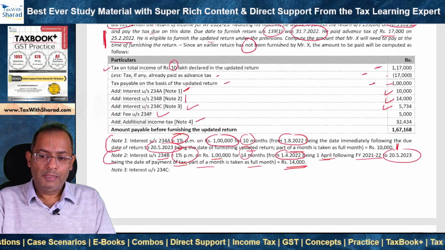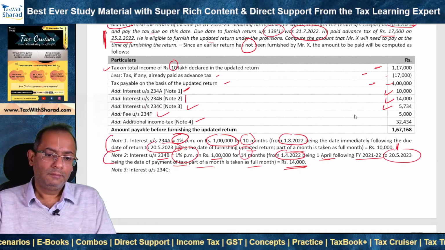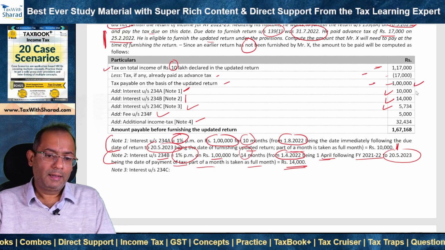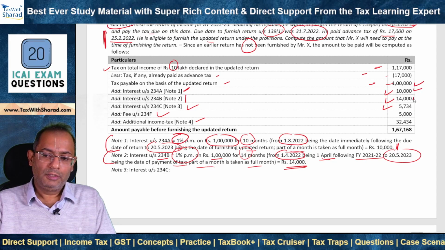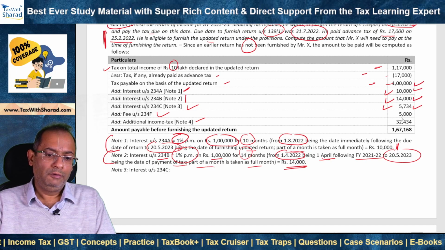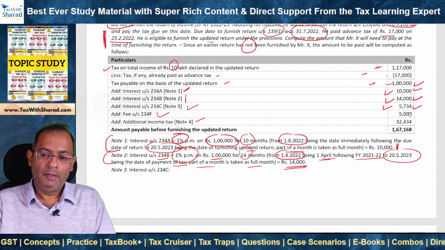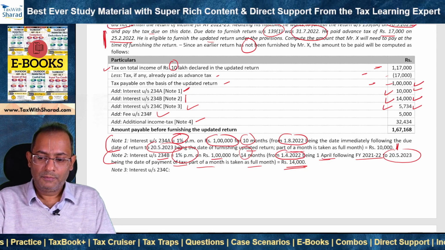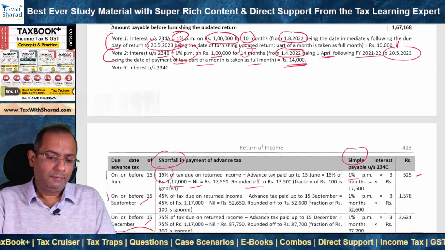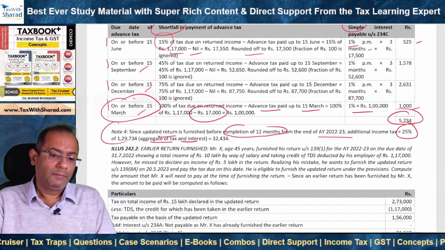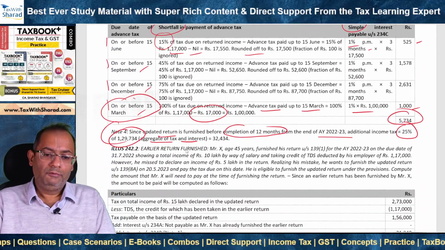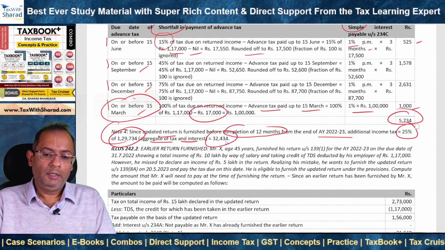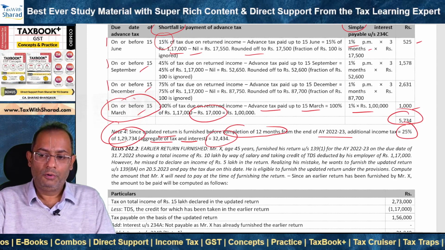The aggregate of tax and interest will be, tax is 1 lakh, interest is 10,000, 14,000, and 5,734. Fees will not be included. So aggregate of this will be 129,734, and 25% of this will be 32,434.